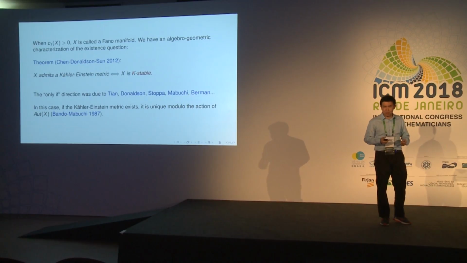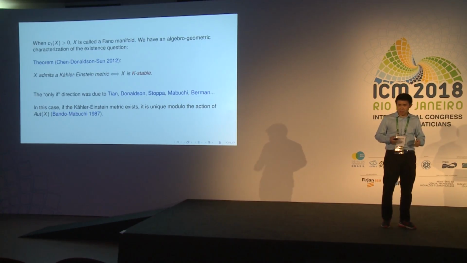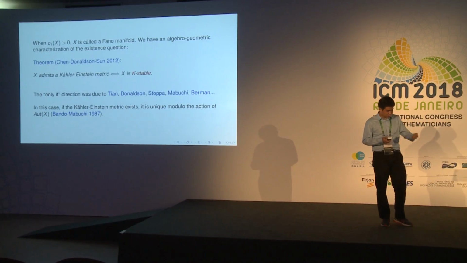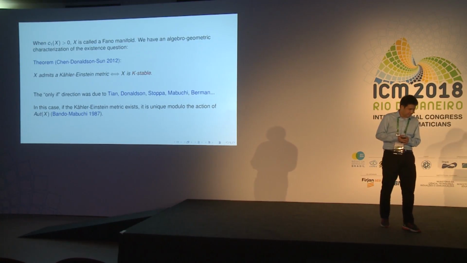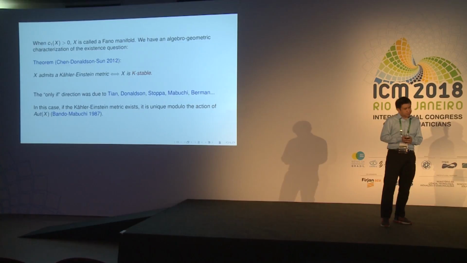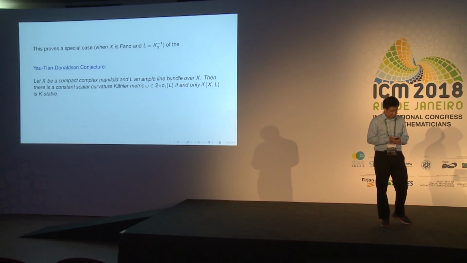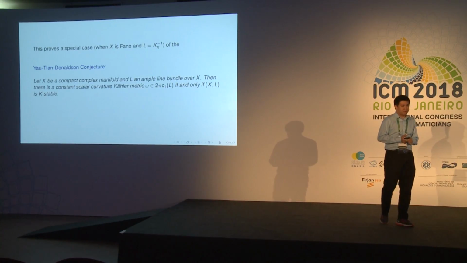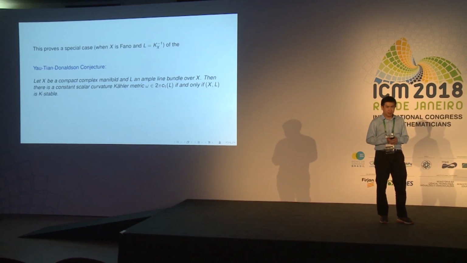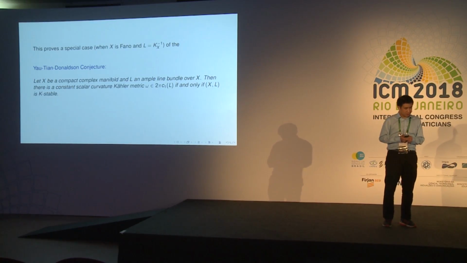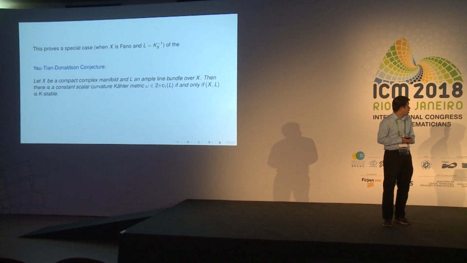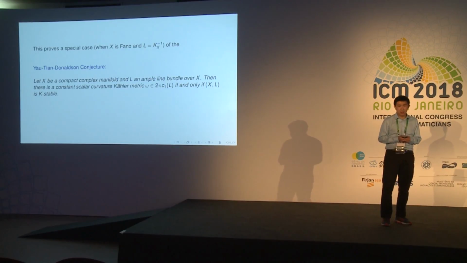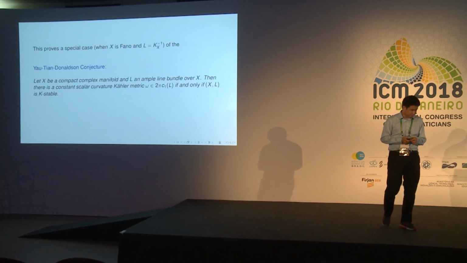From the Riemannian geometric point of view, the corresponding Riemannian metrics are still isometric, so if you view them as metric spaces, you still get uniqueness. This is a special case of the more general Yau-Tian-Donaldson conjecture, which relates the existence of constant scalar curvature Kähler metrics in the first Chern class of an ample line bundle to the stability of the pair. The previous theorem proves the case when the manifold is Fano and the line bundle is anti-canonical.